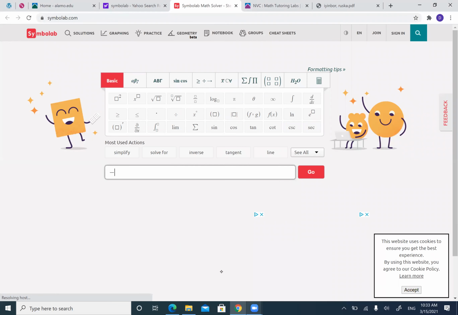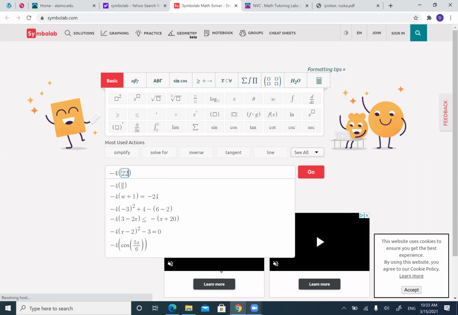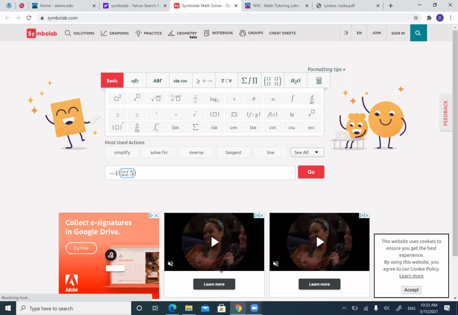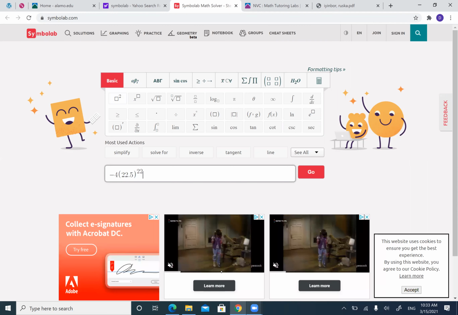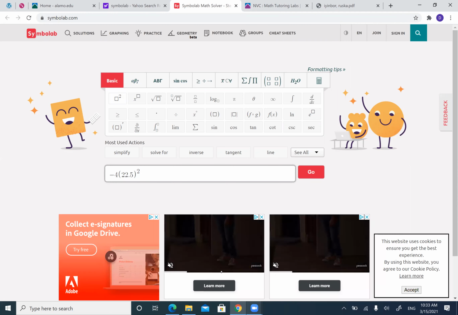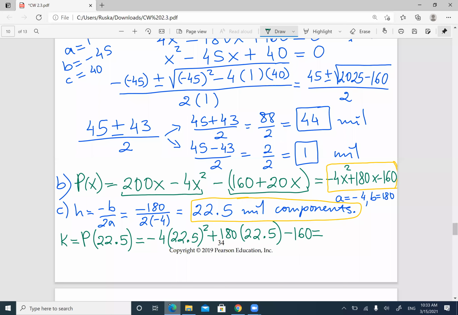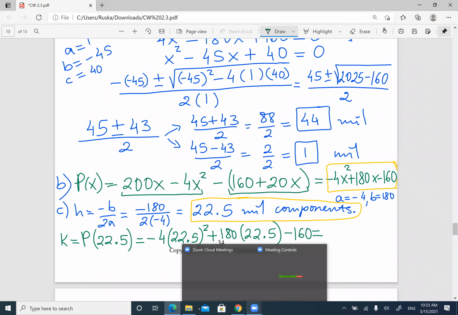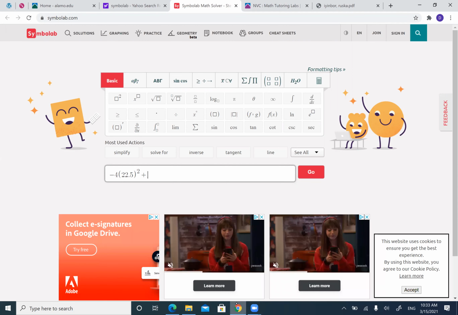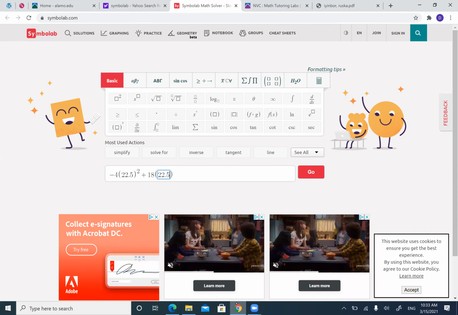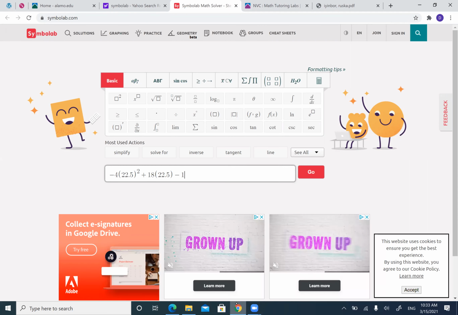So it was negative 4 times 22.5 squared, plus 180 times 22.5 minus 160, right?